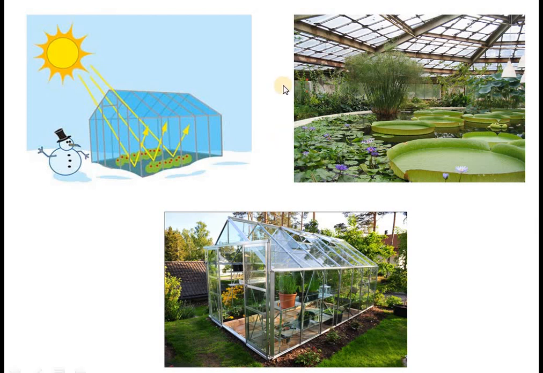Another reason for the name greenhouse, we have this diagram to show you. In Europe-like countries, in many such countries which are in the cold region, in winter season vegetable cultivation and gardening become very difficult because temperature goes down.